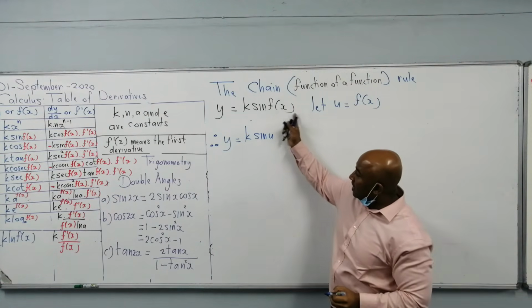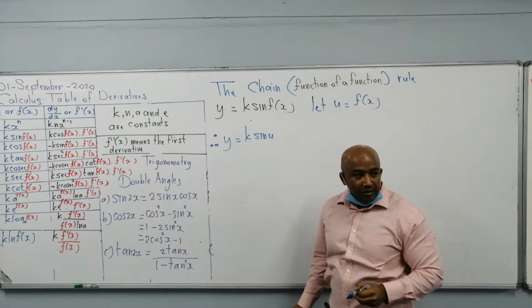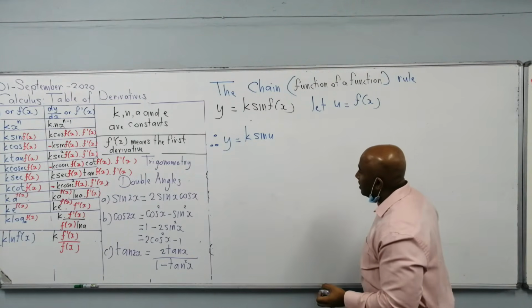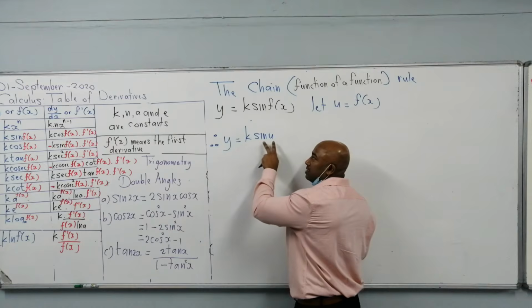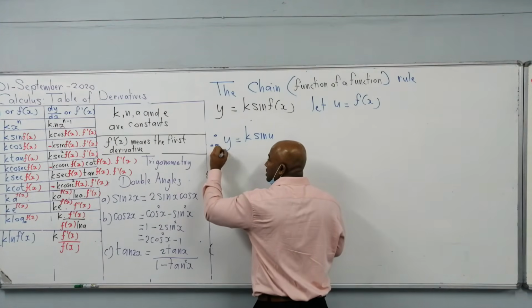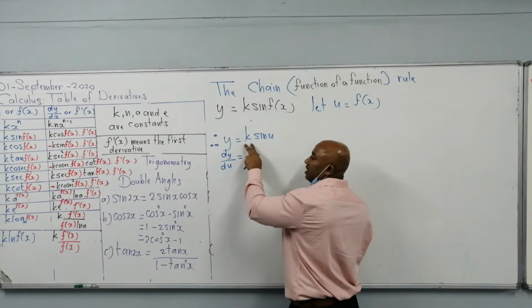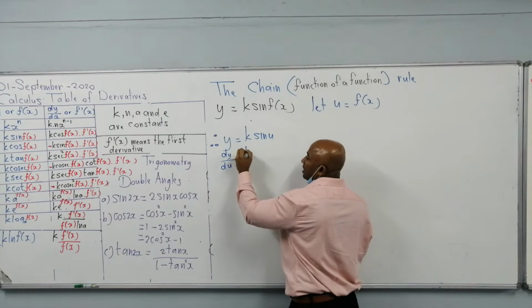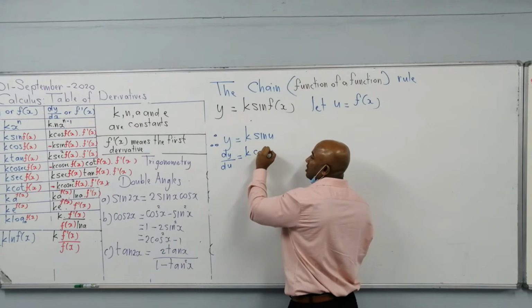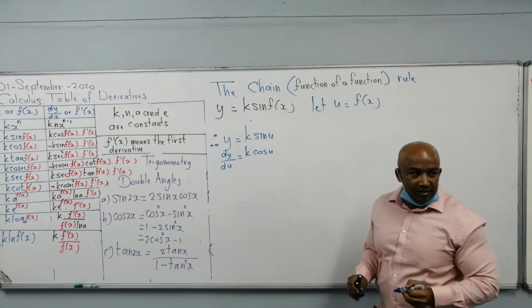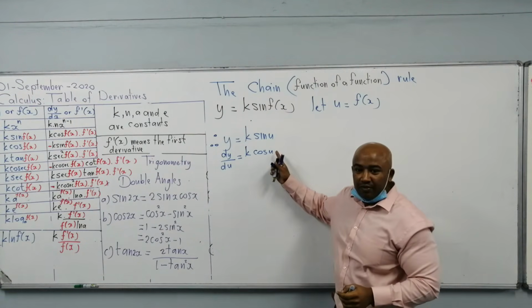Right, because I'm replacing f of x with u. Now, here I have y with respect to u. So if I differentiate y with respect to u, dy over du, the derivative of k sine u is going to be k cos of u. It's just that it's not x now, it's u.